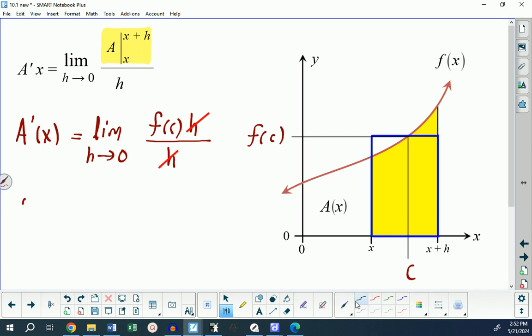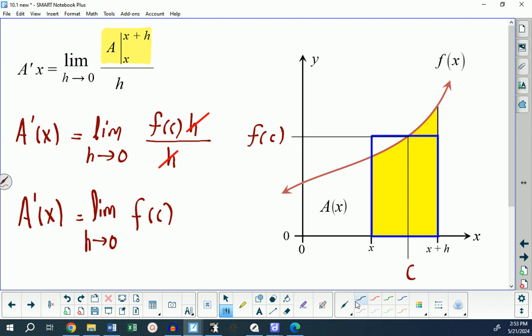Okay. The derivative of the thing we are trying to find, we're not trying to find the derivative of f of x, we're trying to find A of x, is equal to the limit as h approaches 0 of f of c. What does that mean?